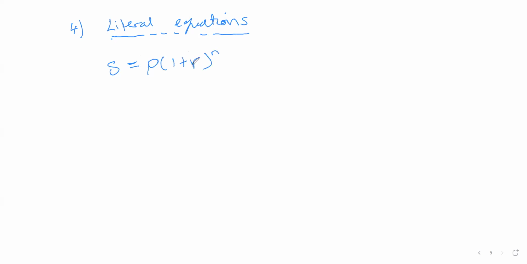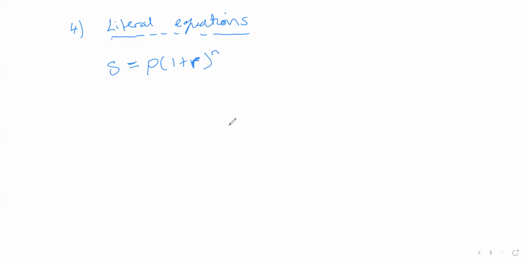Then the last type of equation we'll be looking at is the literal equations. So literal equations are simply those in which constants are represented by letters. For instance, the formula for future value of a principal amount under compound interest, S equals P times 1 plus R to the N, is a typical example of a literal equation.